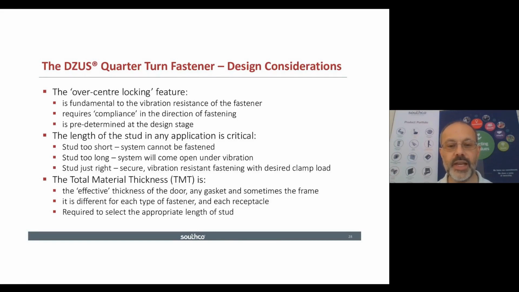So if you like, you take the tolerance stack up or the material thickness stack up and you use that in the calculation to calculate the appropriate length of the stud. And I appreciate that all sounds very complicated compared to a standard threaded fastener. But actually the benefits of doing this certainly outweigh the issues that are seen often with the threaded fastener.